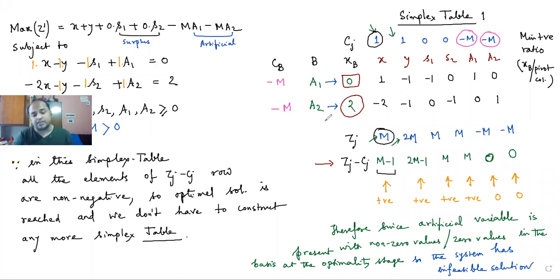This is our expectation. But if an artificial variable is retained in the basis of the simplex table at the optimality stage, that means you are not able to make them zero. You are not able to remove them from the basis. At this point, we'll say that the system has no feasible solution.